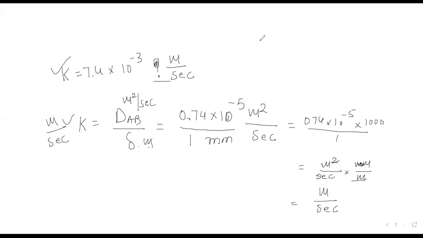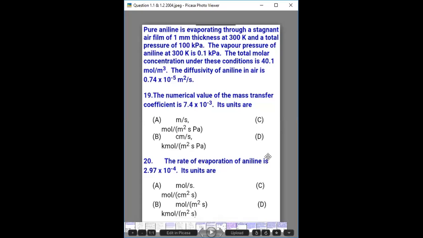And second question. Rate of evaporation of aniline is 2.97 multiplied by 10 raised to minus 4. What is the unit of Na?